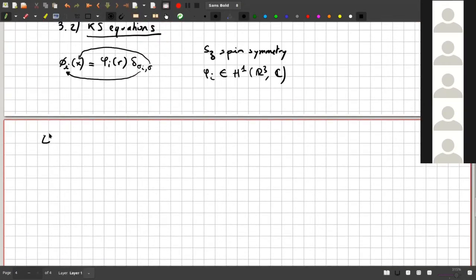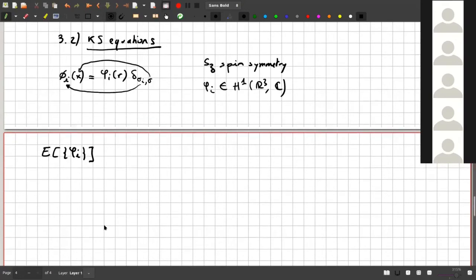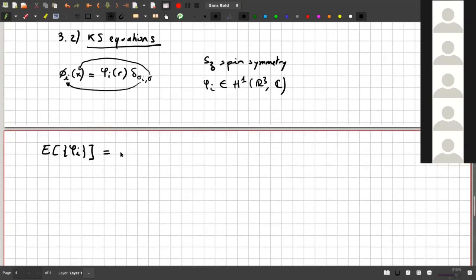And so the energy, which is a functional of these spin orbitals, I will write like this, can be written as 1/2 sum over i from 1 to n.